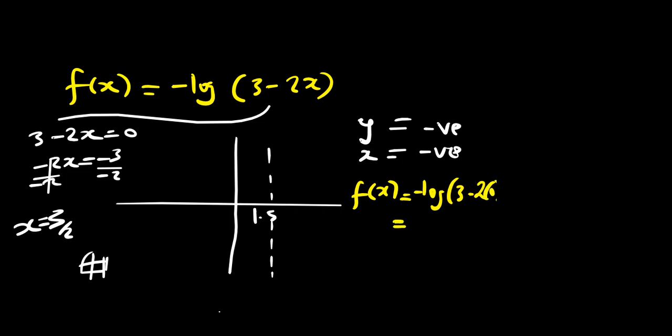So we're finding negative log of 2 multiplied by 0, that is just 0. So I'm just going to have a 3 here. Now this is to base 10, so I have to find the negative log of 3 over 10.